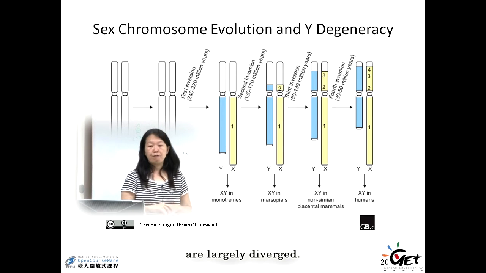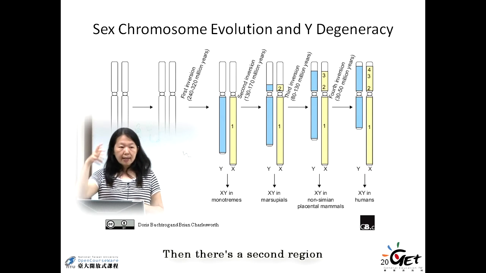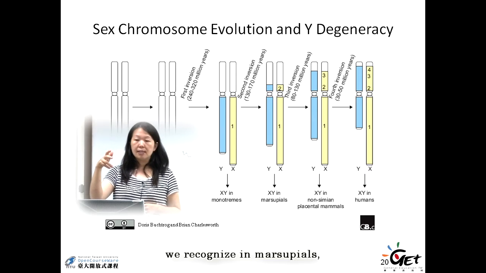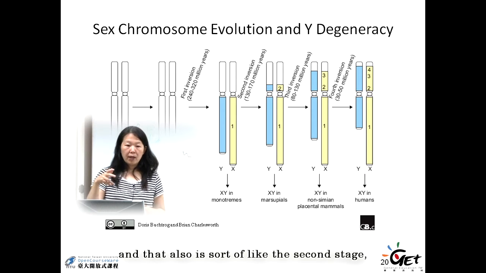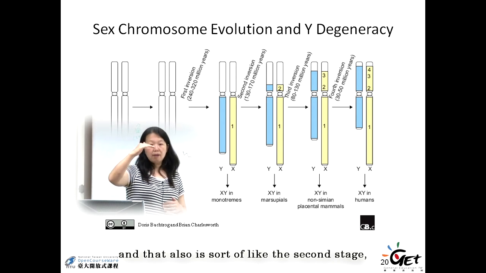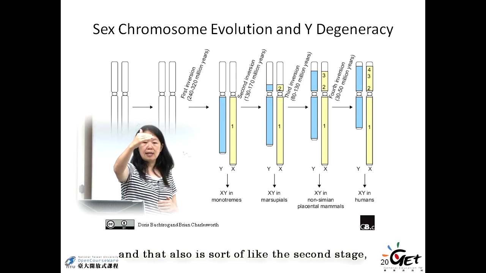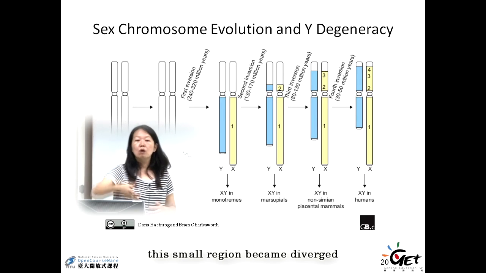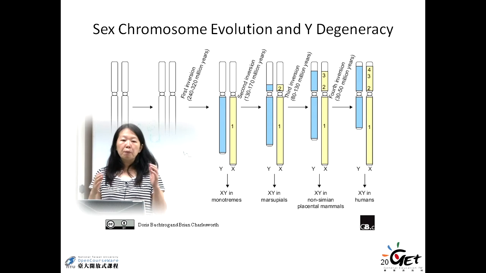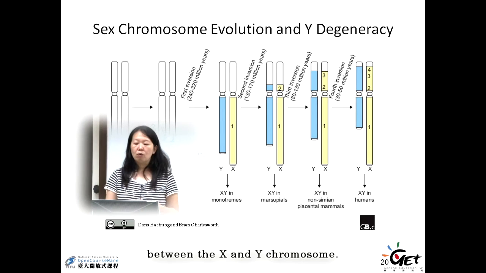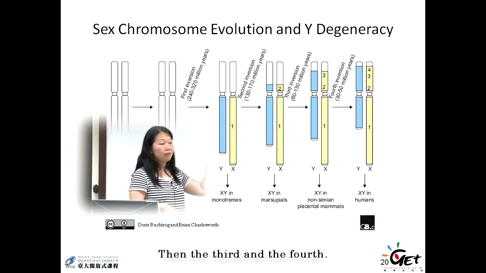Then there's a second region we recognize in marsupials, and also in the eutherians. At the second stage, this small region became diverged between the X and Y chromosome. Then the third and the fourth.